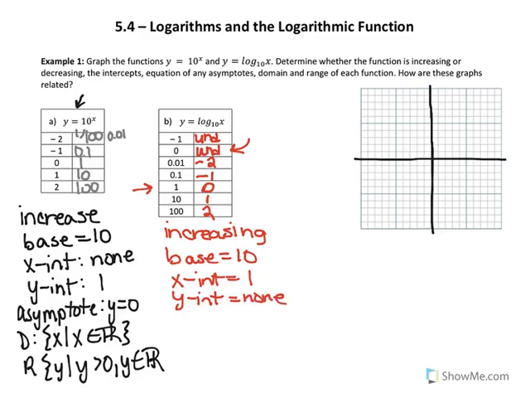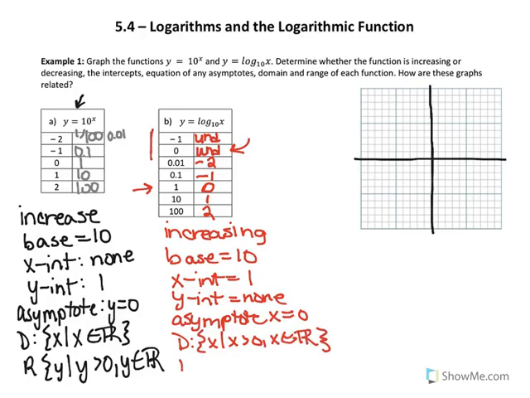So that means there's an asymptote at x equals 0. Our domain, because it won't let you go negative, is going to be greater than 0. And I'm just going to take a guess that the range is everything.